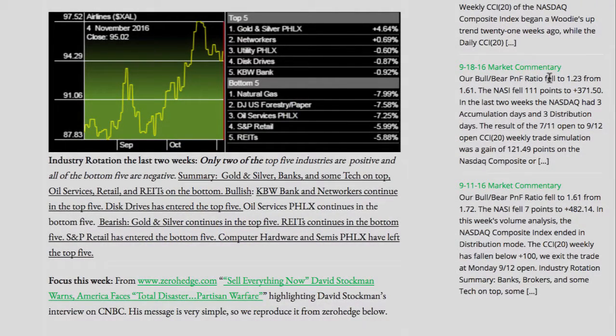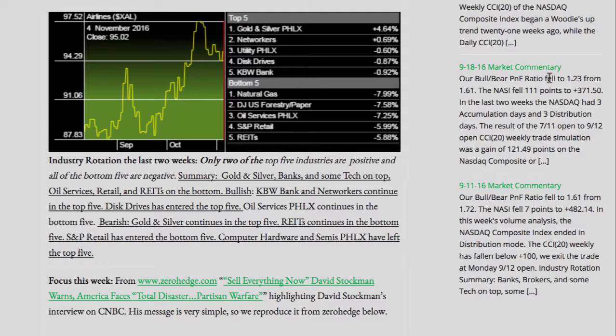Industry rotation the last 2 weeks. All of the top 5 industries are positive and all of the bottom 5 are negative. Summary: gold and silver, banks, and some tech on top. Oil services, retail, and REITs on the bottom. Bullish: KBW Bank and Networkers continue in the top 5.